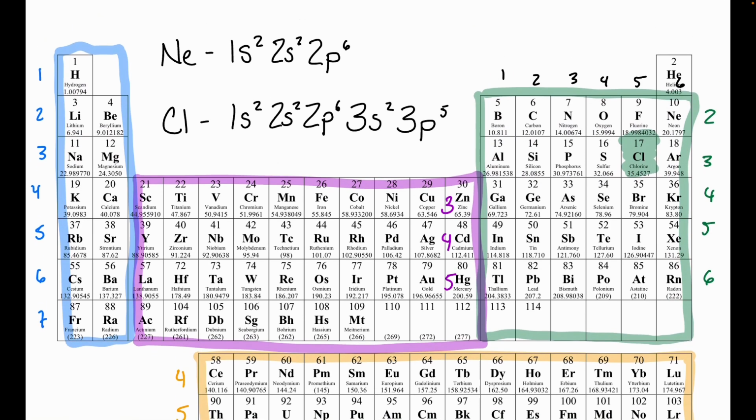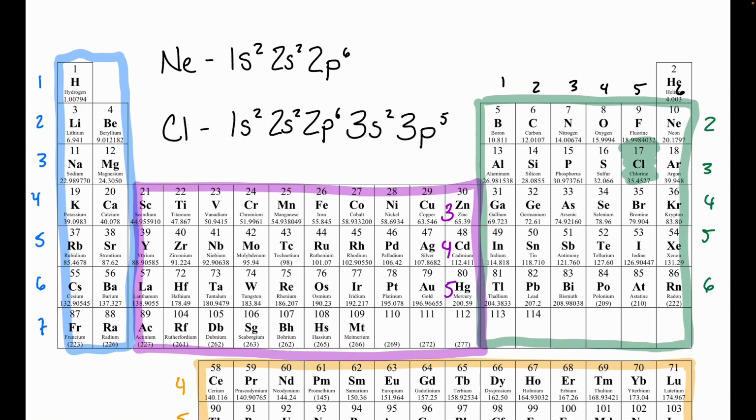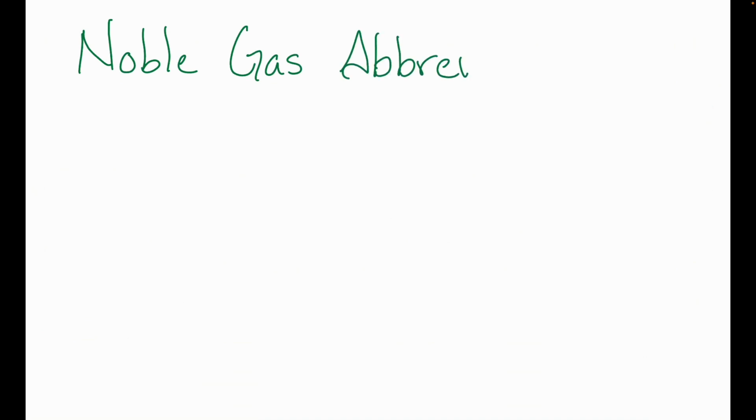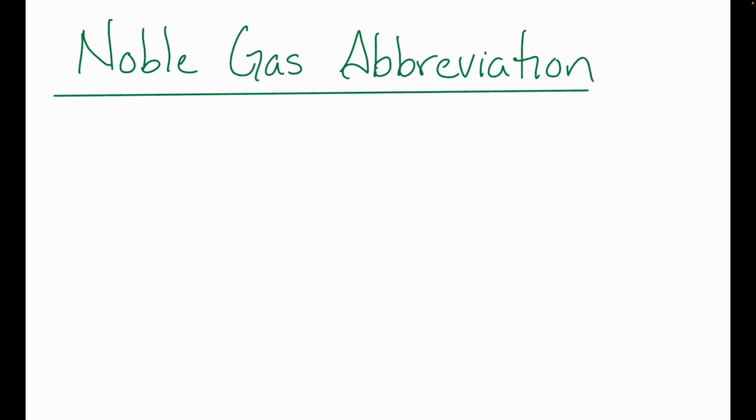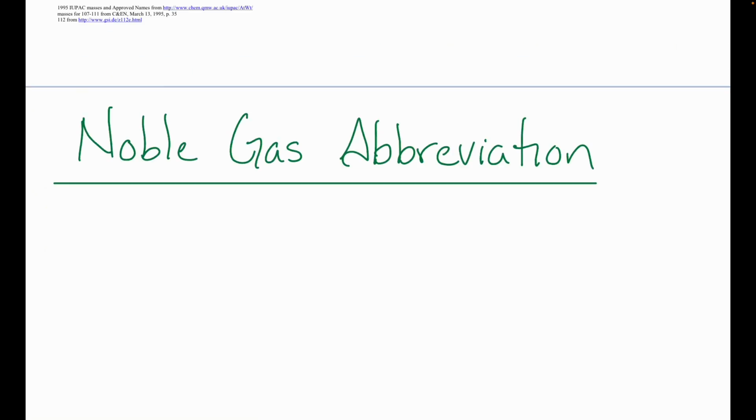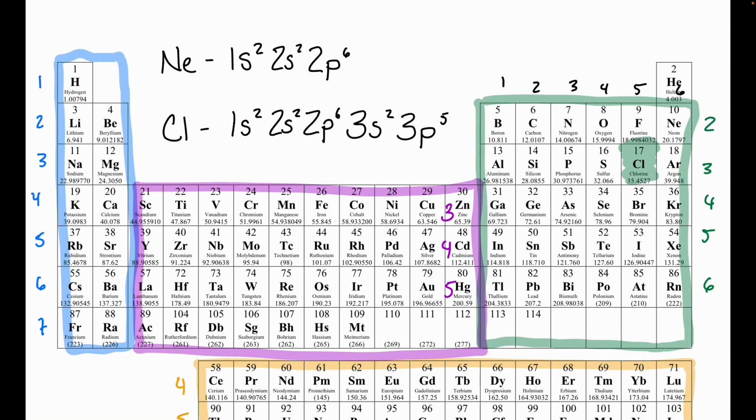So we have a way of summarizing these electron configurations, or rather abbreviating these electron configurations using the noble gases. Okay, so this is what we call the noble gas abbreviation. Let's take these two elements as an example here, neon and chlorine.